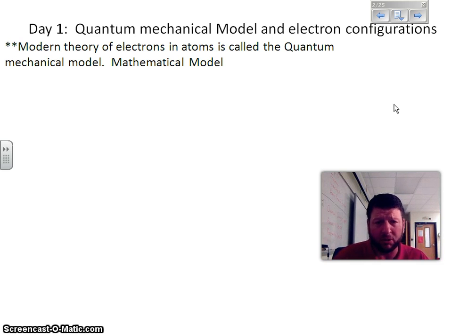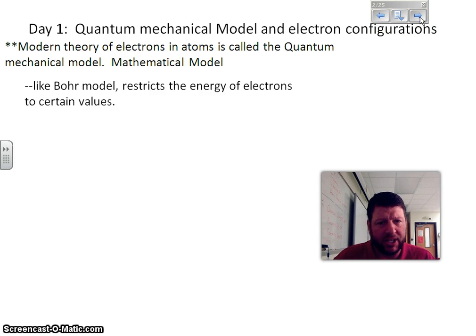And we know from our earlier discussions that that is not a correct model. The more correct model is the quantum mechanical model, also known as the electron cloud model. This model was based on mathematical probability of finding electrons in their orbitals, and this is the current one that we use today.